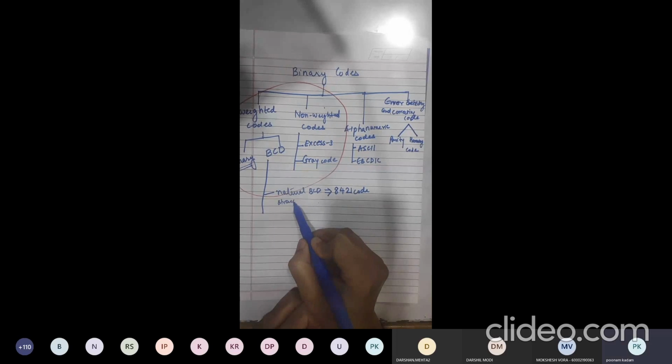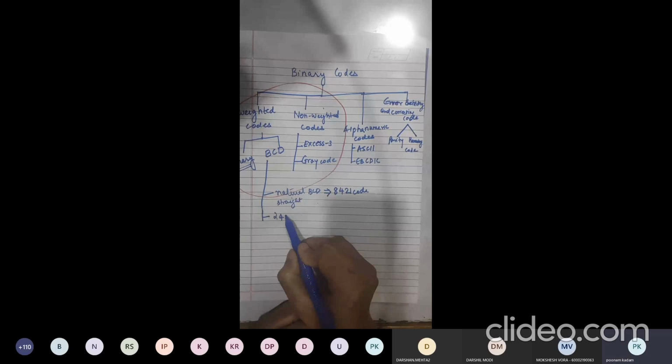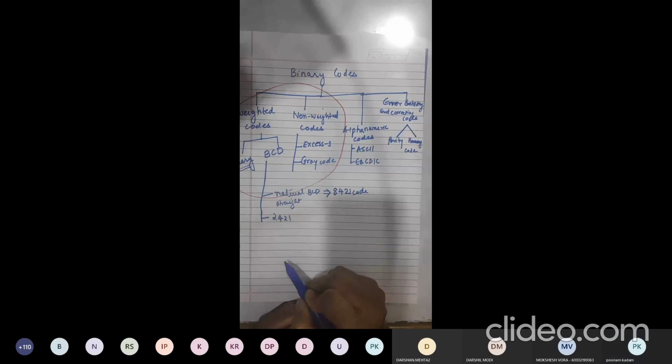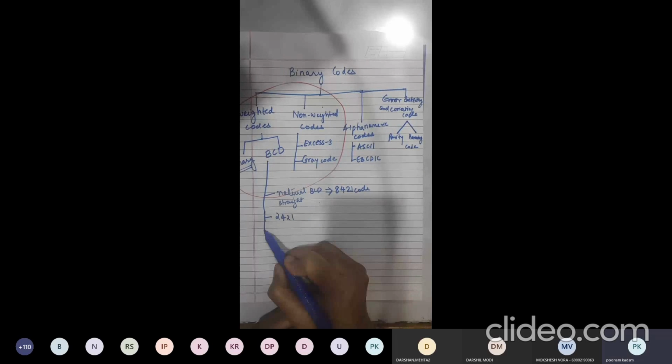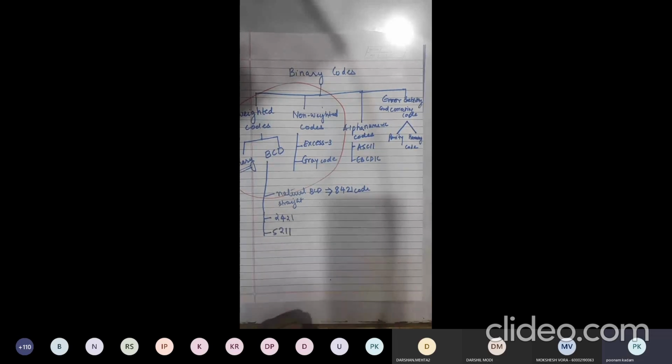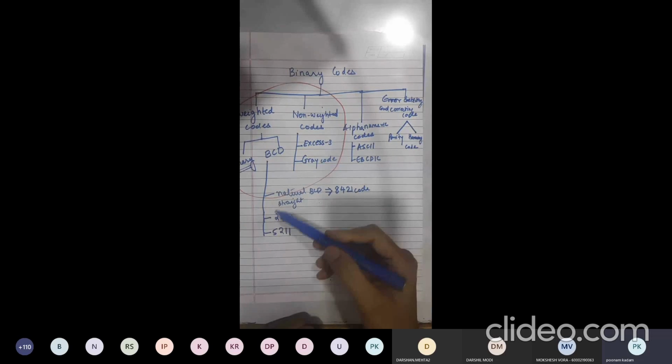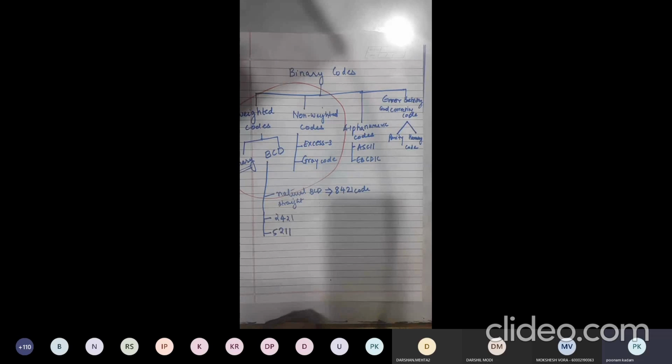Then 2421 is another BCD code. Then we have 5211. This is again a BCD code. So like this, there are a large number of BCD codes available. We are only going to focus majorly on natural BCD code, that is 8421.